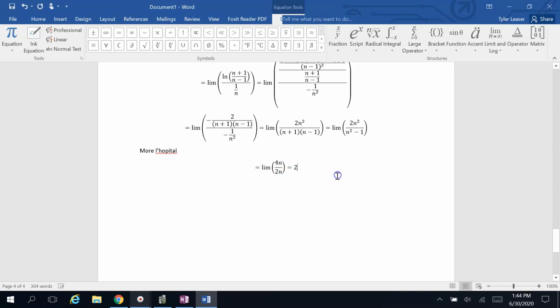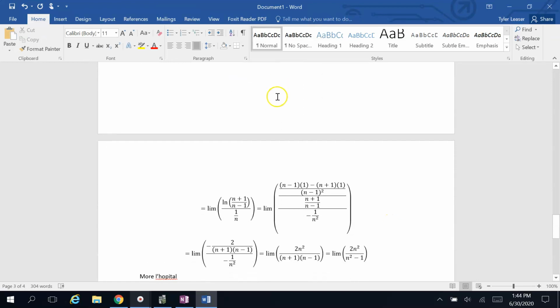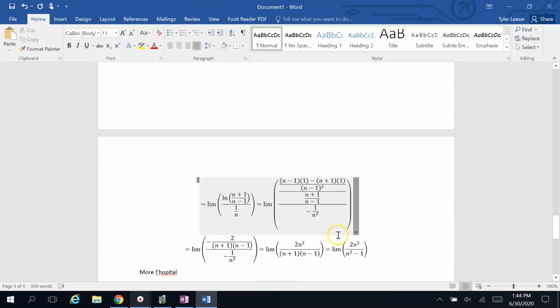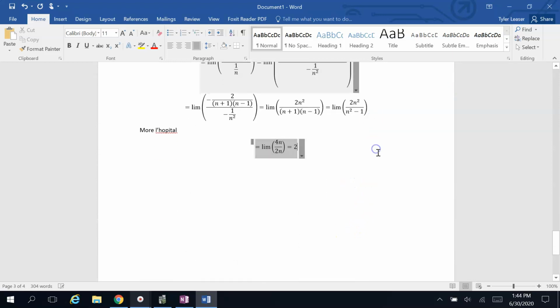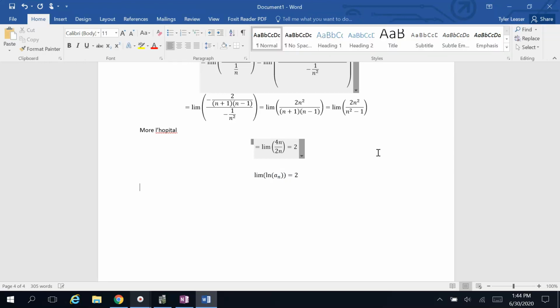Now that's not quite the final answer, because if you remember from way back up here, this stuff that we've been working on is on the other side of the limit of the natural log of a sub n. So just to rewrite what we have right now, we have the limit of the natural log of a sub n is equal to 2. What we can do here is move that natural log over to the other side by raising both sides as an exponent on e.